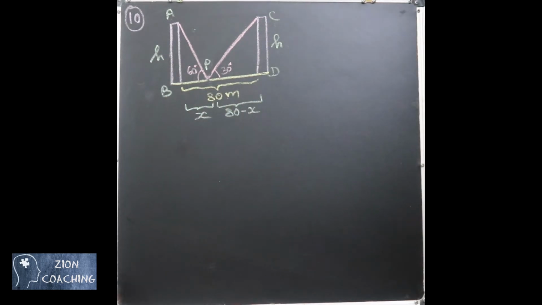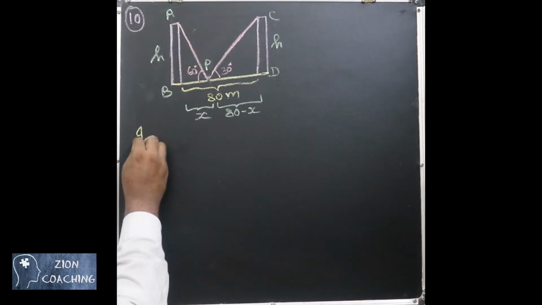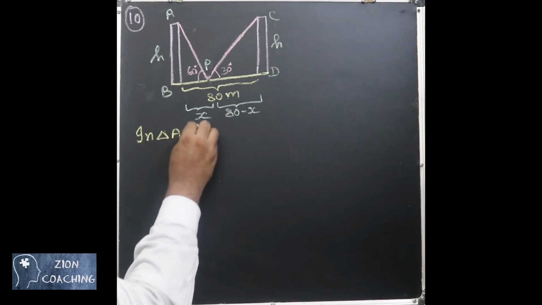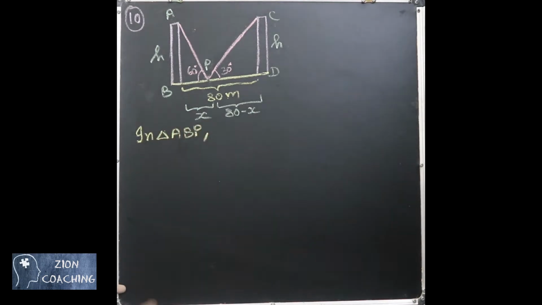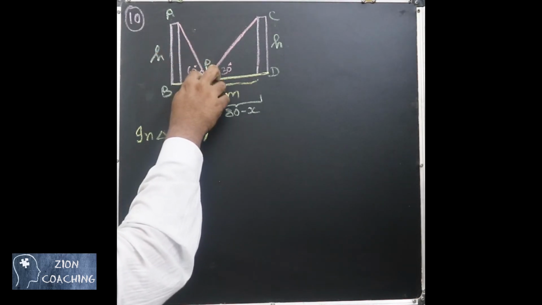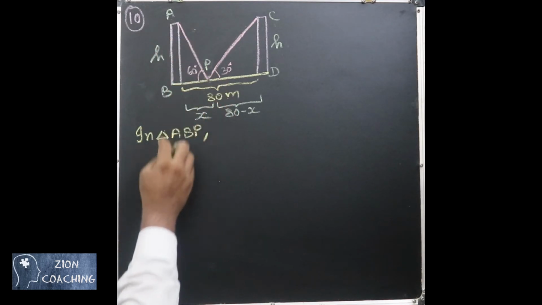Now first we will take this triangle ABP. In triangle ABP, the angle is given, so we are going to relate the opposite side and the adjacent side, that is x.